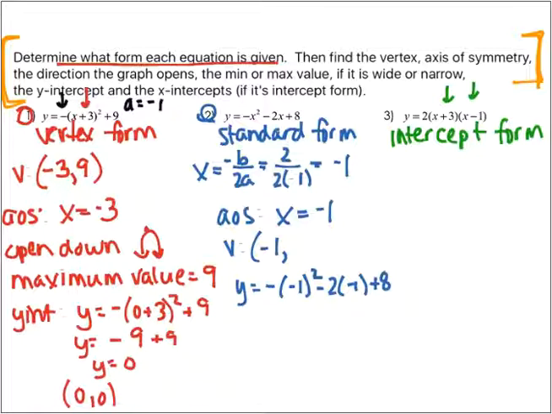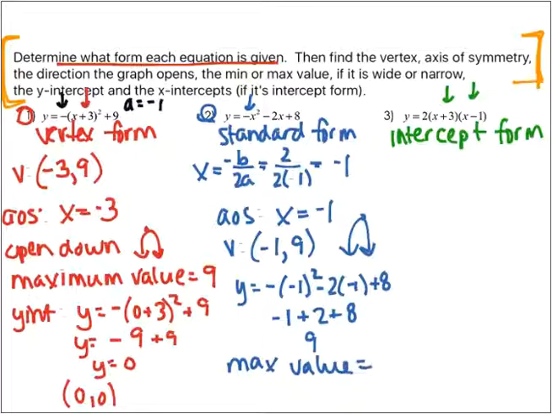When I do that work, -1 squared is 1, stays negative, plus 2 plus 8, so that gives me 9. So my vertex is -1, 9. Again, a is negative, so I know it's going to open down, which means that my vertex is going to be a max. So the max value is 9.